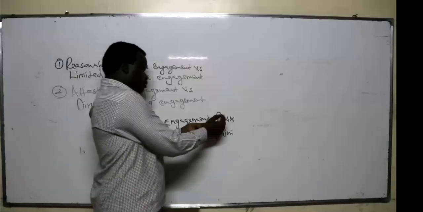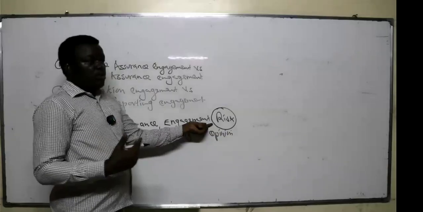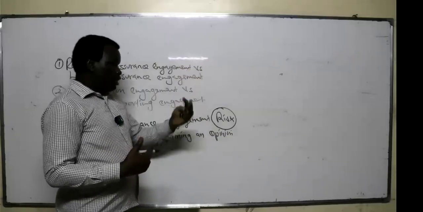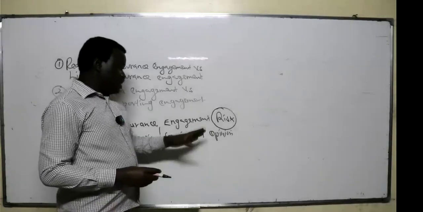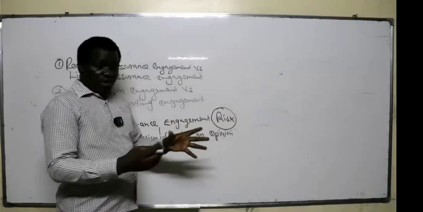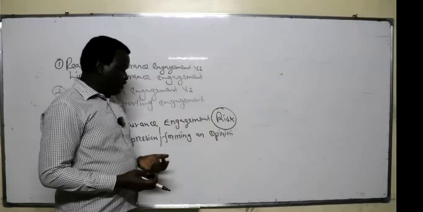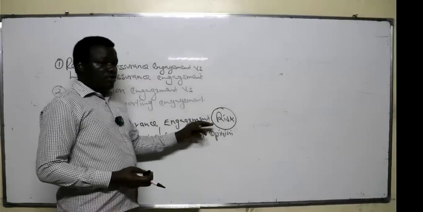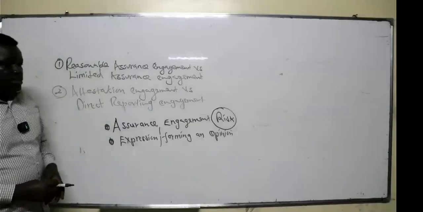Risk is a probability of a failure or something happening. If you are setting out to achieve objectives, there's a possibility you may fail in achieving them. So risk is just a probability of a failure that prevents, maybe, an individual from attaining one or two of the set objectives. So in audit, auditors, they've been engaged.